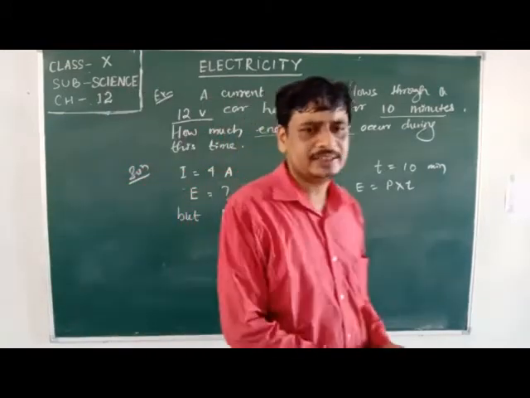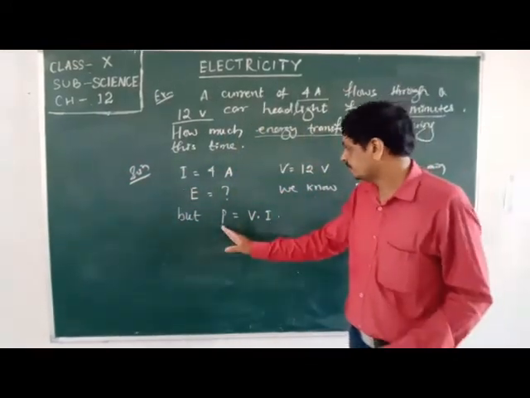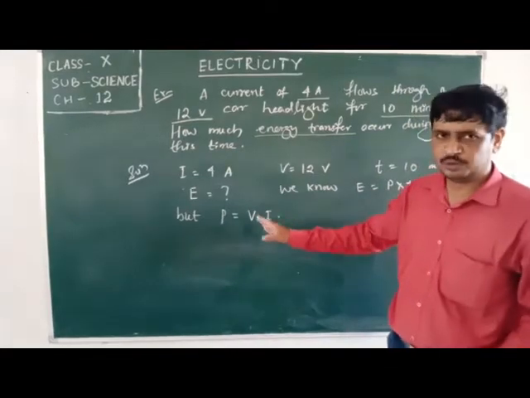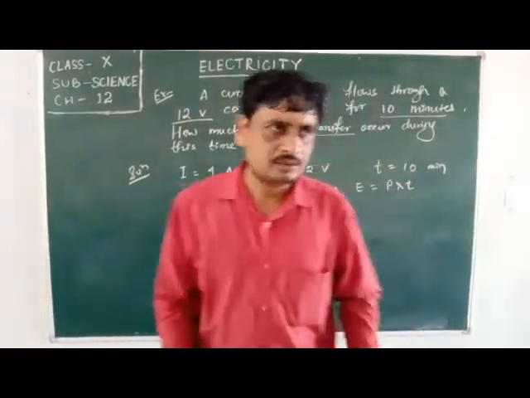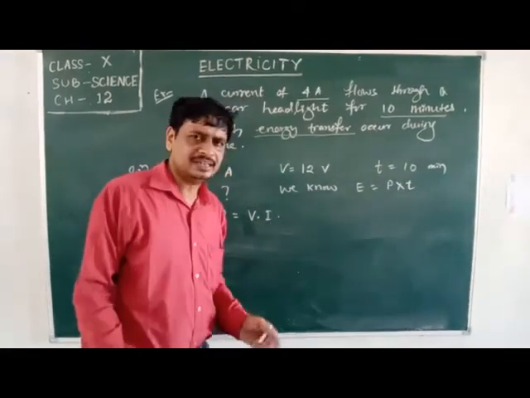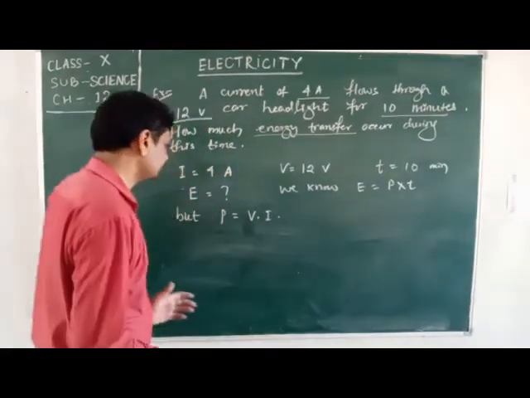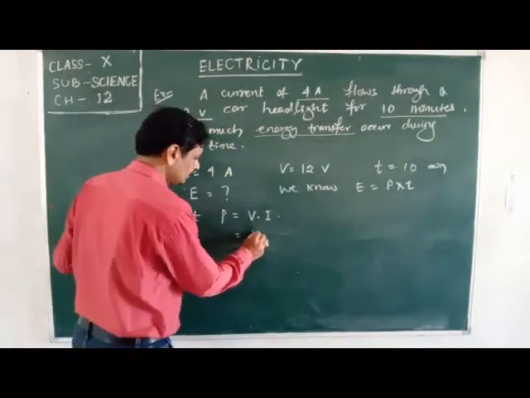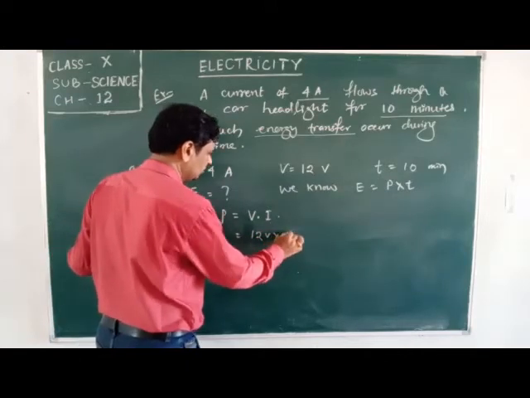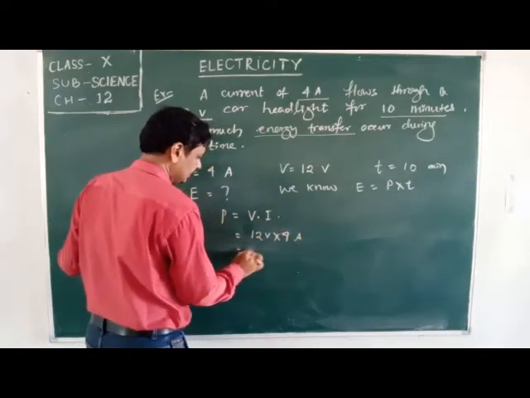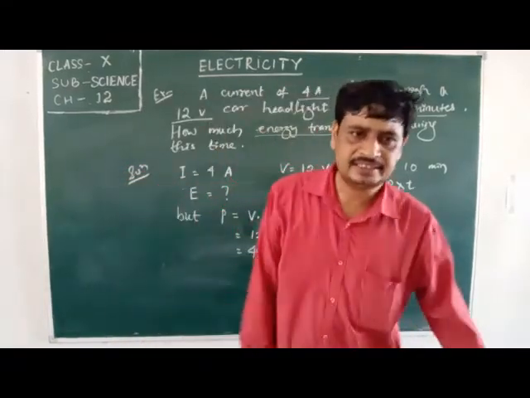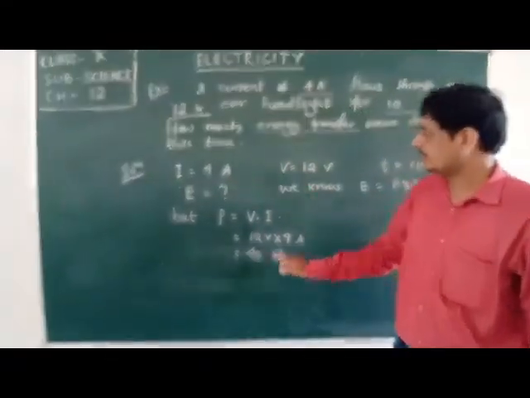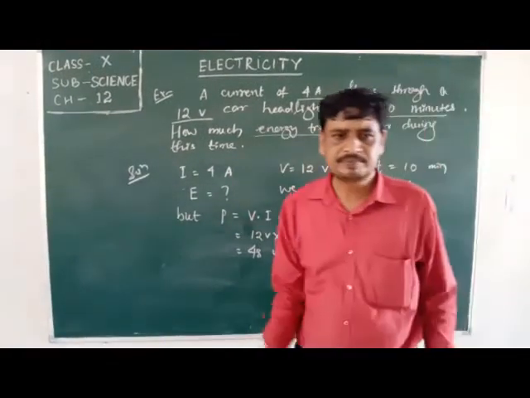We can find the power as 12 volt into 4 ampere, and we will get the power in watt. That is, 12 volt into 4 ampere is 48 watt. 48 watt is the power of the headlight.